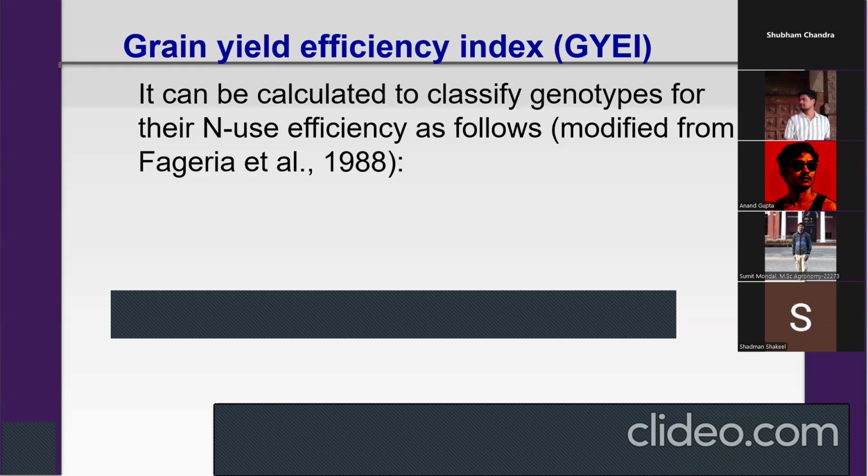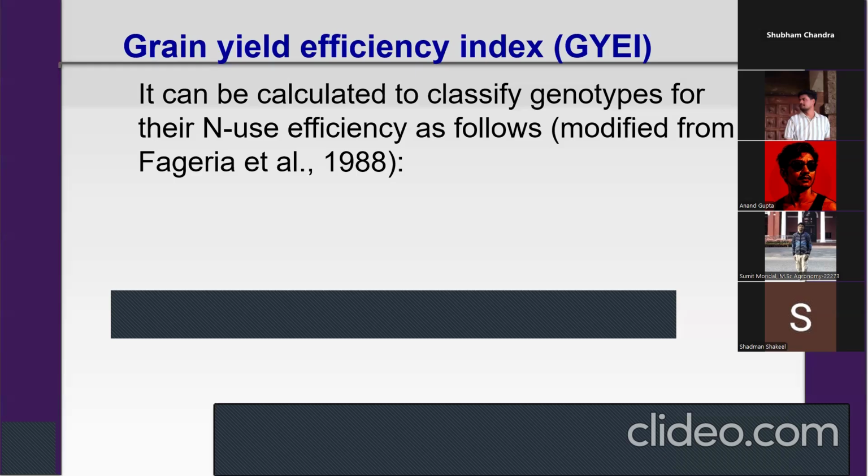Just a few years back, you may not know that whenever new varieties are released, their field evaluation was being done under the background of nitrogen. Is your variety responsive to nitrogen? Yes or not? So those varieties were basically evaluated against nitrogen.